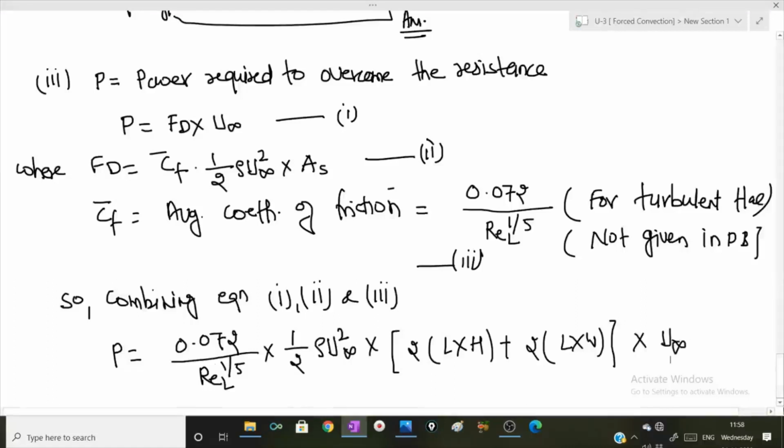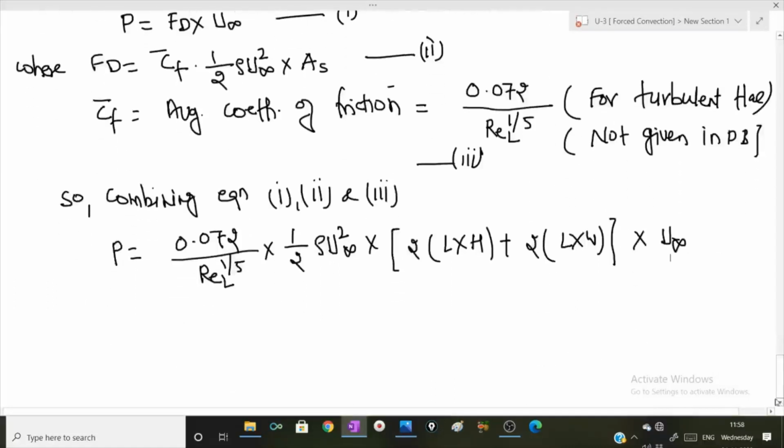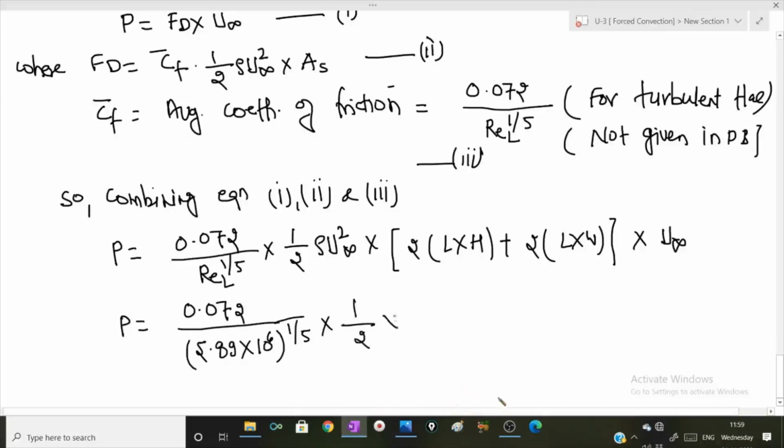Now in this equation, let us put the values of all the terms. So 0.072 over Reynolds number, which is 5.89 into 10 to power 6, power 1 by 5, into 1 by 2.